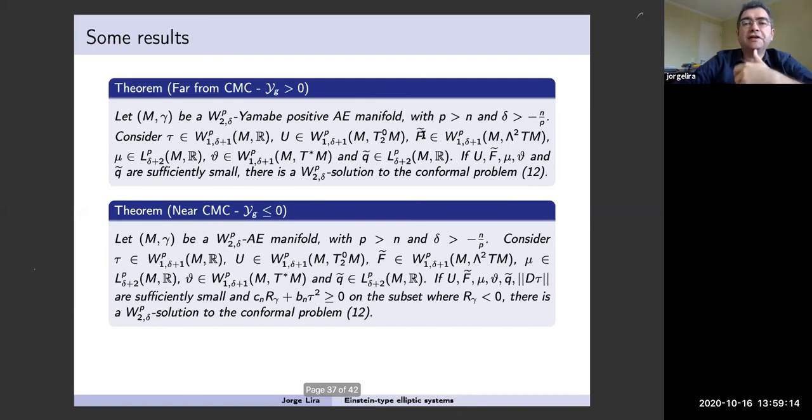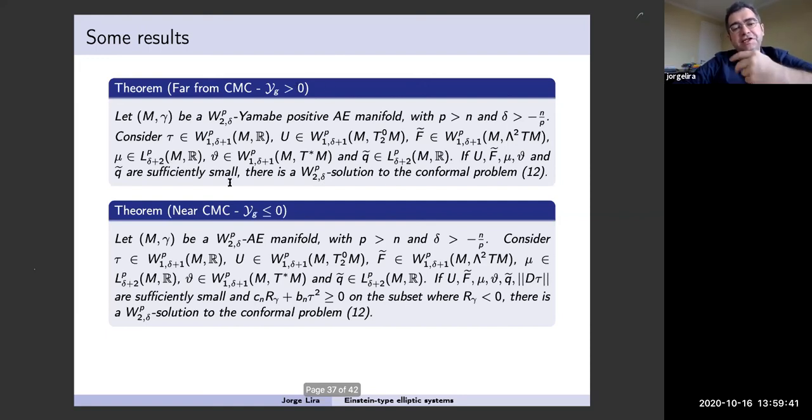You have some F, which is the electromagnetic field. You have some mass density and some charge density. With these here, which is geometry, second fundamental form, and the physics, which is the electromagnetic field, in that case you have a solution for the problem. But you have to impose the positivity of the Yamabe invariant.